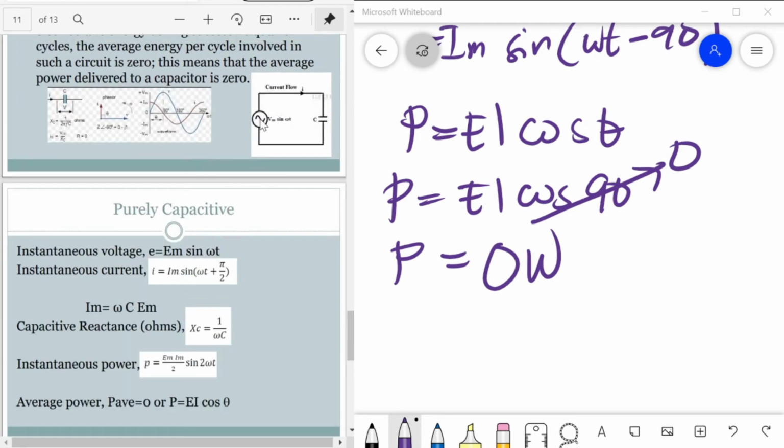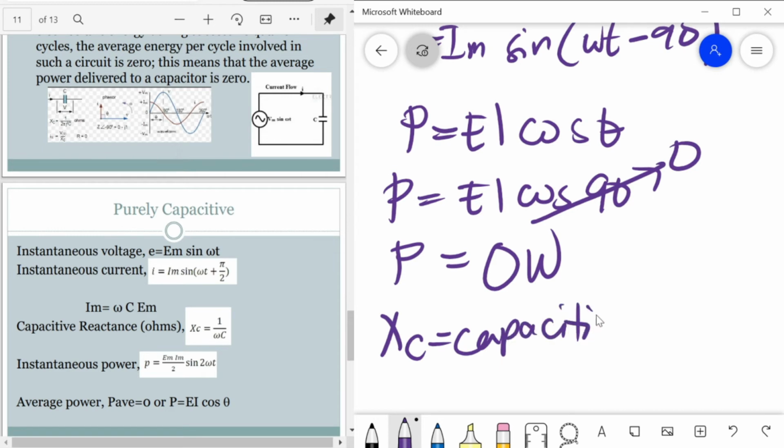So this is the diagram of a pure capacitive circuit connected to an AC source. With a current flowing, we have the XC, which is the capacitive reactance.